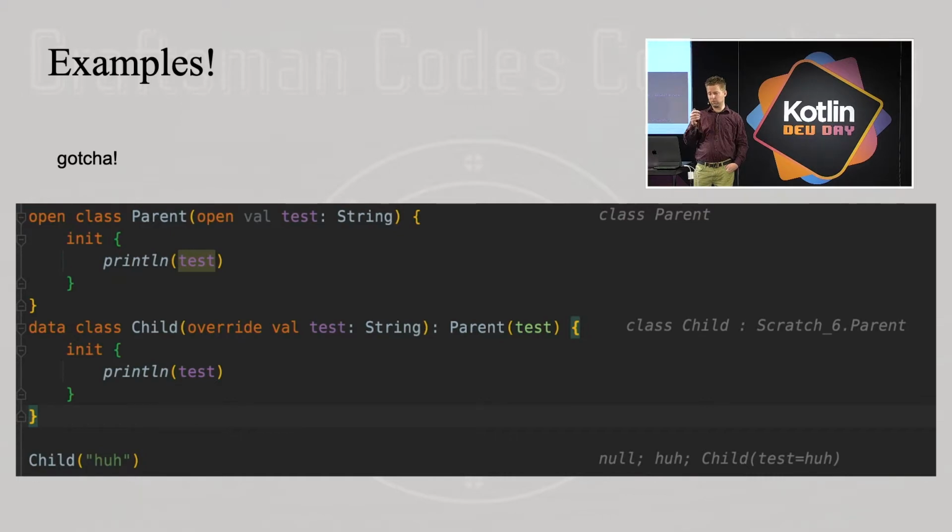This happens because Kotlin translates property access to a get method, and even though it looks like test at the top is in scope of the constructor, it is actually not. The test you write there is translated to the get test, which is a member on the class which is not initialized yet because we're in the constructor.